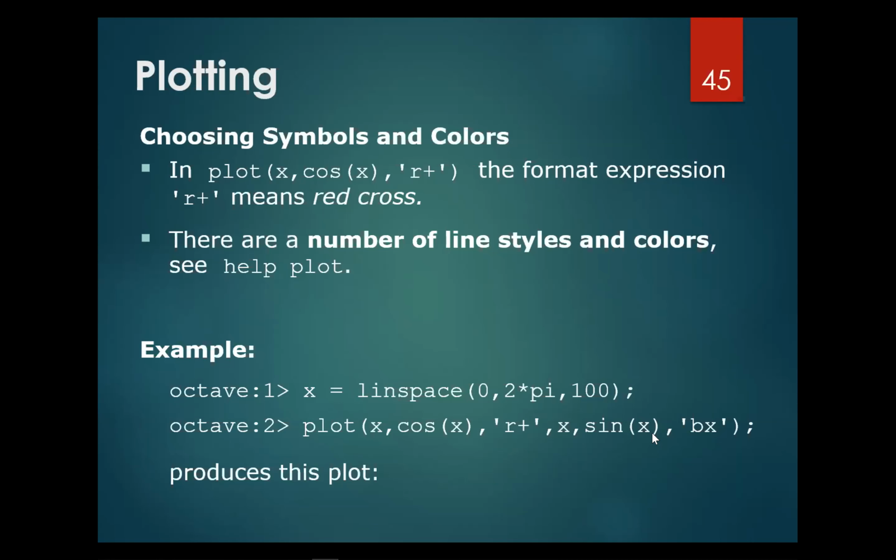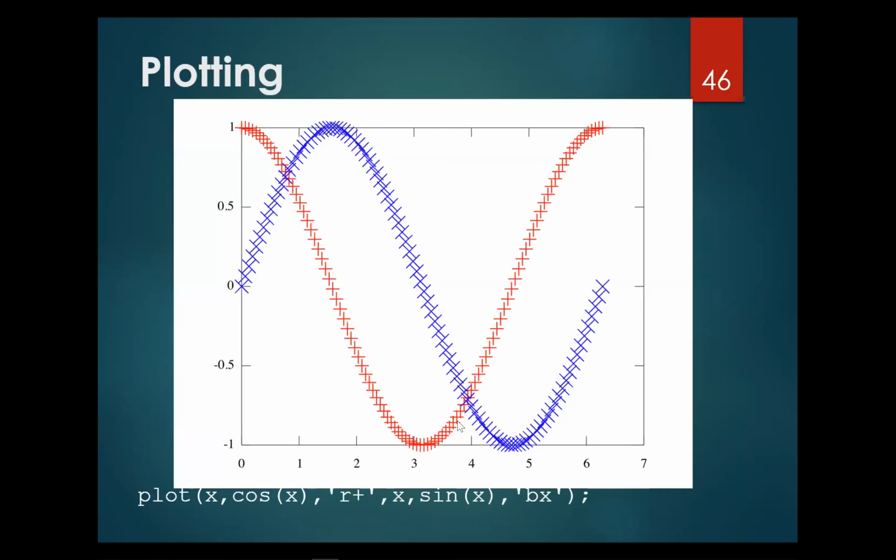So this is a typical example of plotting two graphs on the same graph area using the red plus and then the blue cross. This is how it will look.